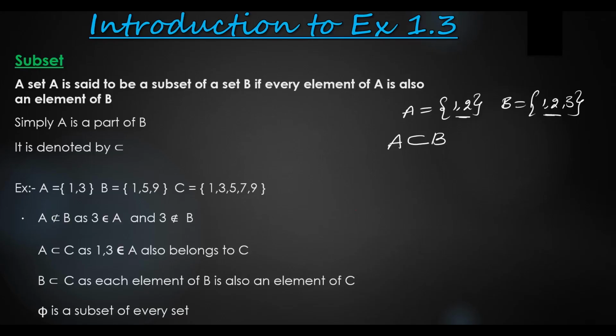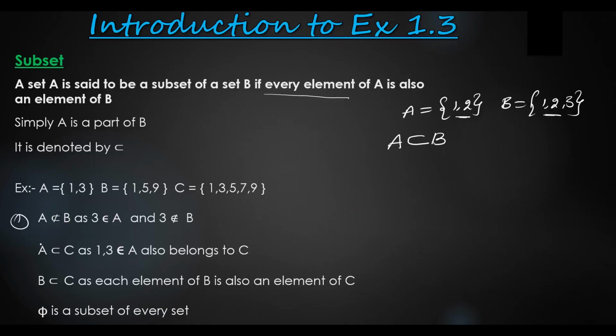The first one: A is not a subset of B. Why? The elements 1, 3 are not all present in B. So 1 is there, but 3 is not there. But in the definition, we said every element should be there in B. Then only we can say A is a subset of B.